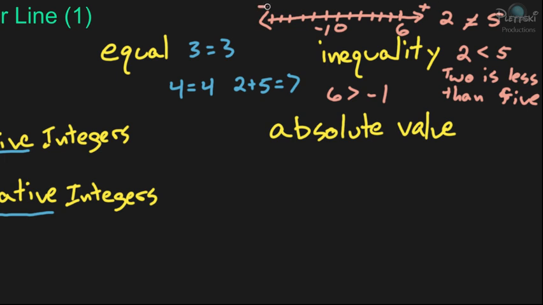If you're heading left, you're going in the negative direction. And if a number is farther right than another number, then it's said to be larger. So 6 is greater than or larger than -1. And that's what we see down here. 6 is greater than -1.